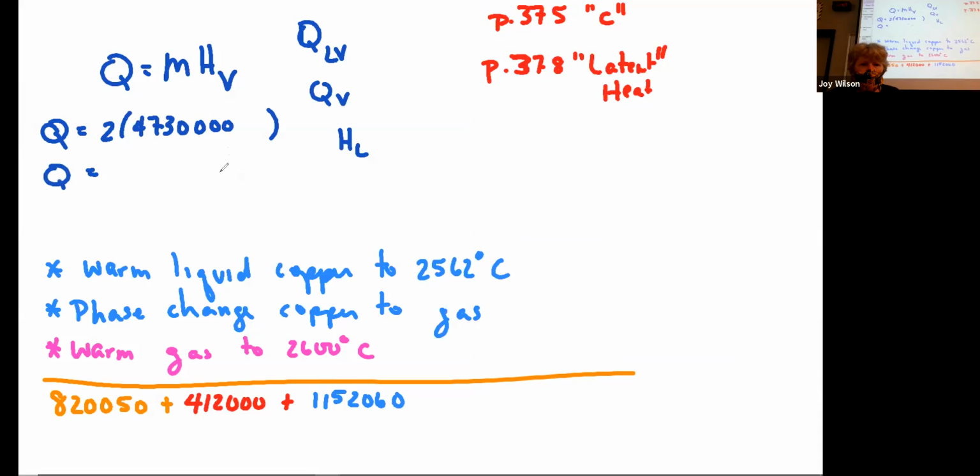Whoosh. 6. 4 carry my 1, 9. Holy moly. There's our phase change.